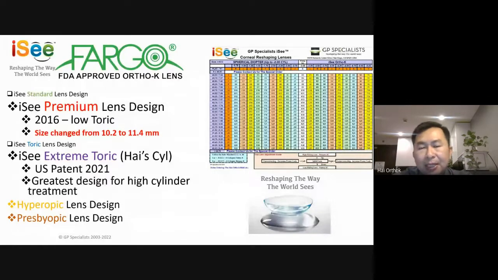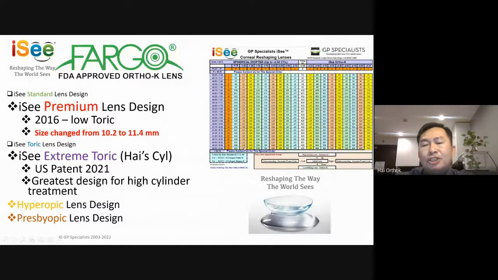If the delta K, meaning K1 minus K2, is over 0.75 diopter, the premium lens is also a toric lens, with the sagittal height from 10.2 on the top of the lens chart to 11.4 on the bottom of the chart. On the top of the chart is a very steep eye, and a steep eye has a small diameter.